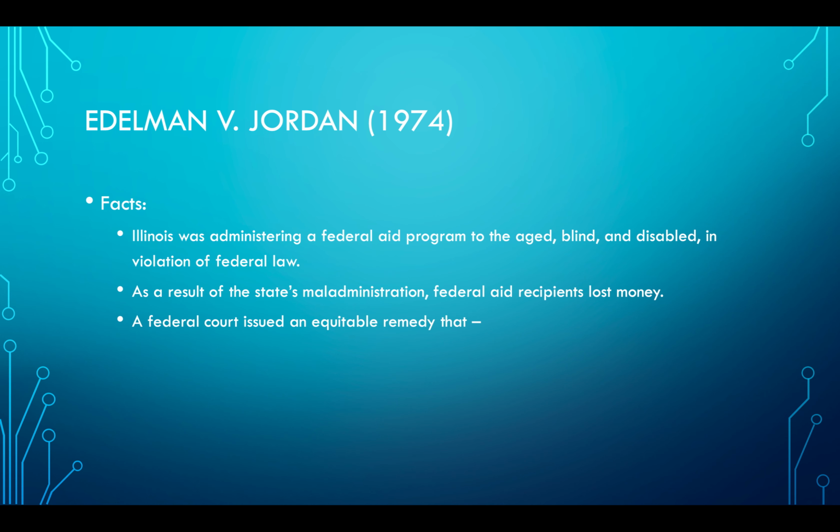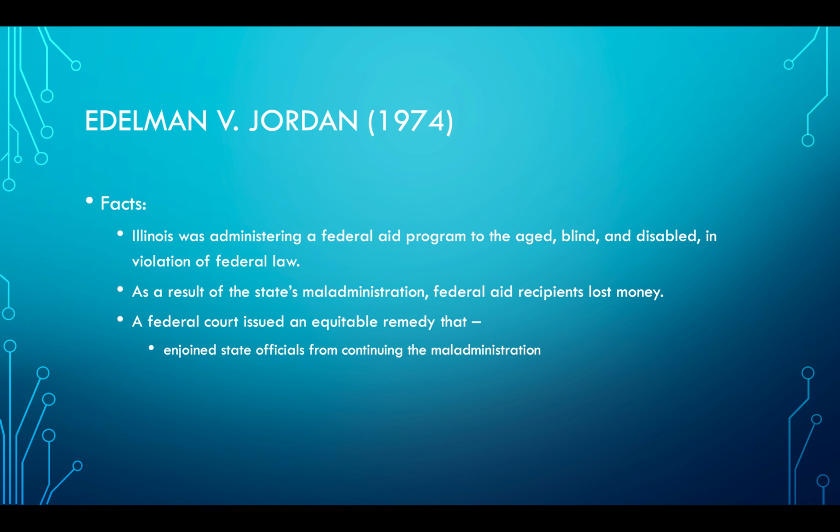Illinois was not doing what it should have been doing under this federal statute. And two remedies were issued by the federal court here, bottom of page 430. One remedy that was issued was that state officials were enjoined from continuing the maladministration. So the court told the state officials who were sued, look, stop violating the law from here on out. Anytime you get a new application, make sure you process it in the requisite amount of time.